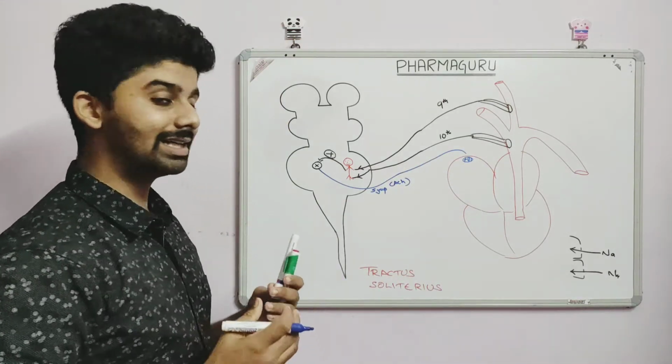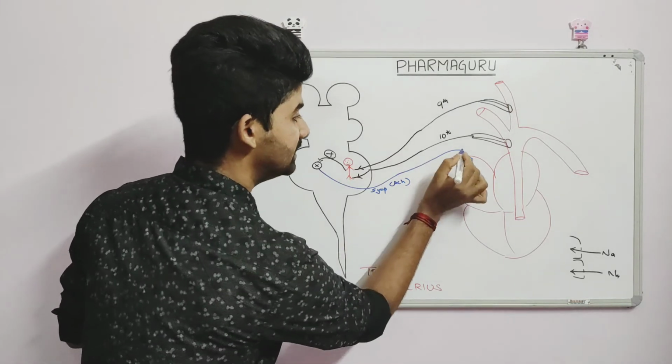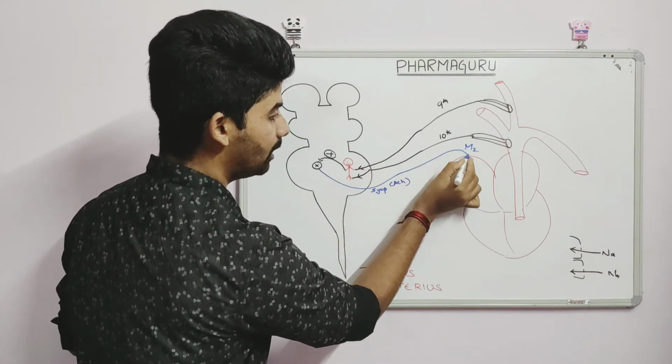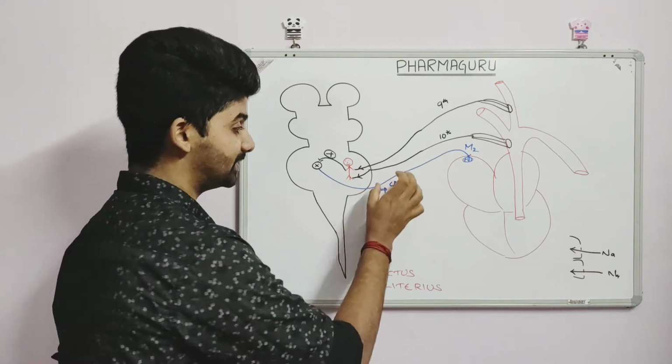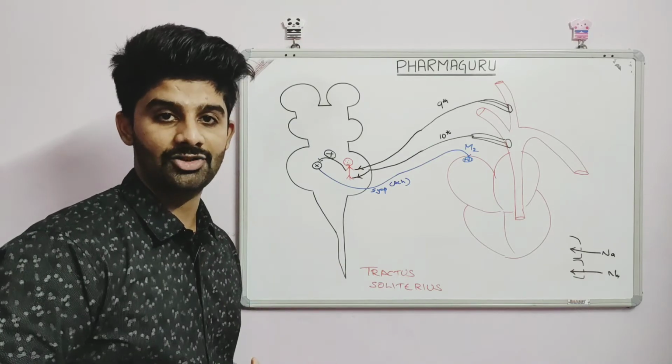Our SA node contains many receptors, and one among those is the M2 receptor. So acetylcholine will bind to these M2 receptors, and as a result the SA node will reduce the heart rate.